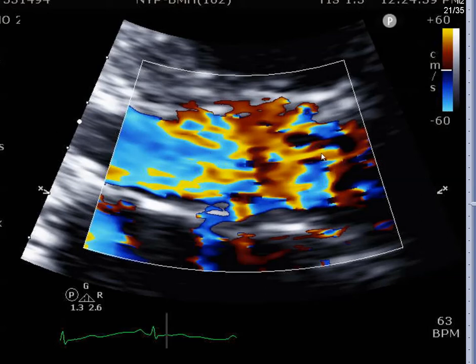But the fact that you see high turbulent colors tells you that there is a lot of high velocity flow in this area. Just to remind you of what the color map means: anywhere you see a really bright yellow color, there is a peak velocity of plus 60 going towards the probe. Whenever you see a light blue cyan color, that's a negative 60 centimeters per second flow going away.